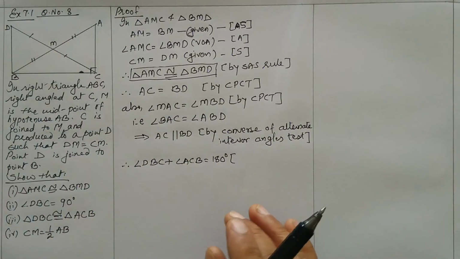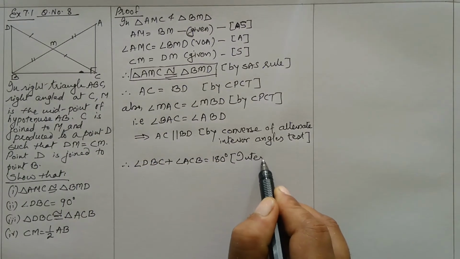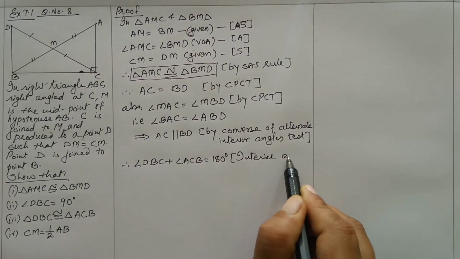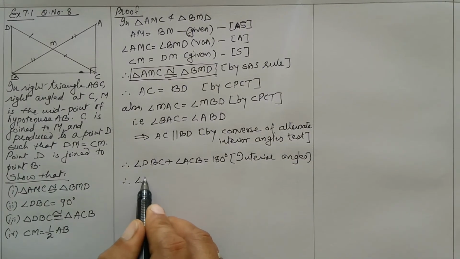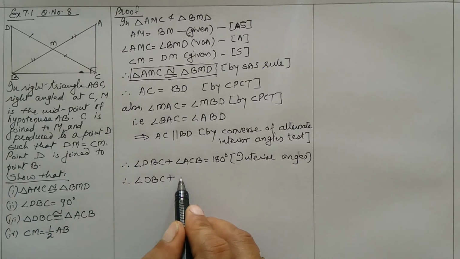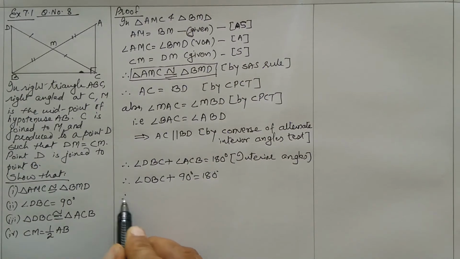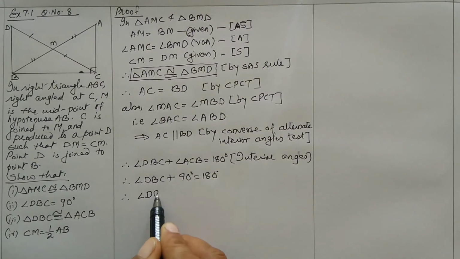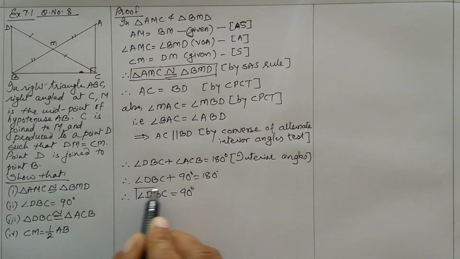Reason, they are forming a pair of interior angles. Now ACB is given, angle C is 90. Therefore angle DBC is 90 degrees, a right angle. So we proved this. This is our second part.